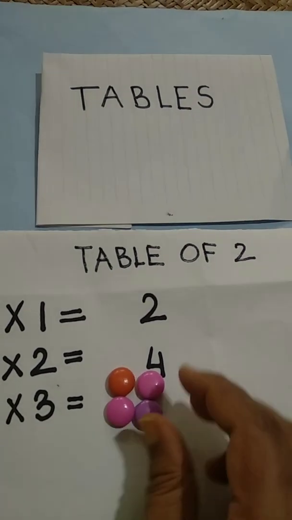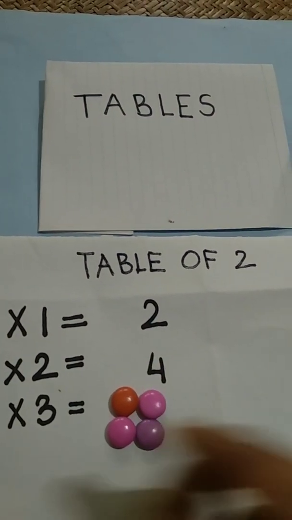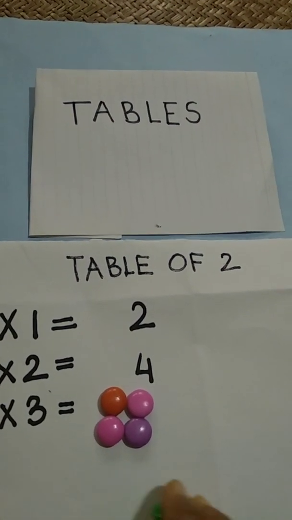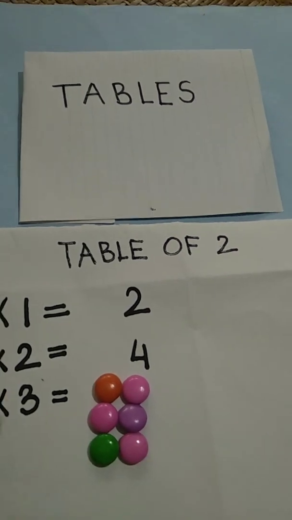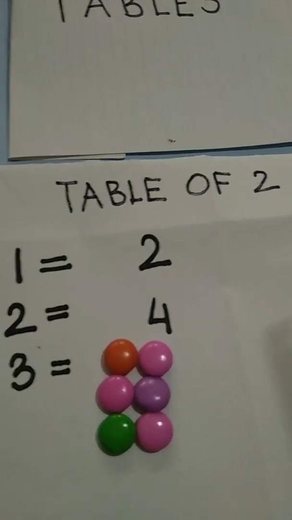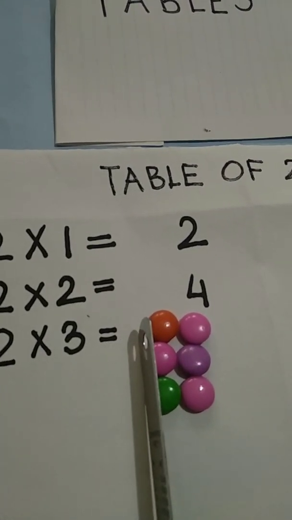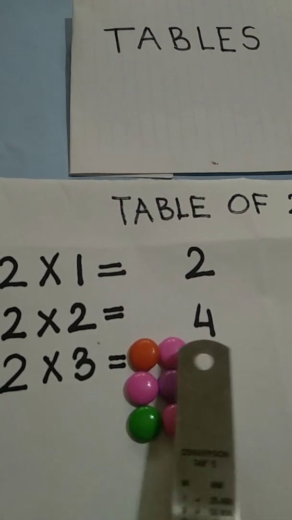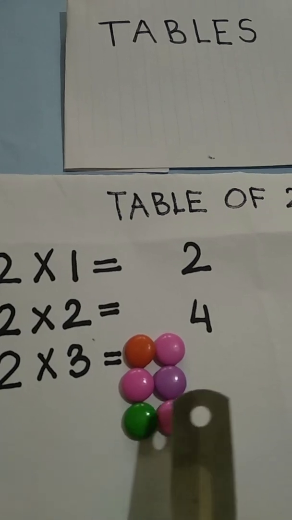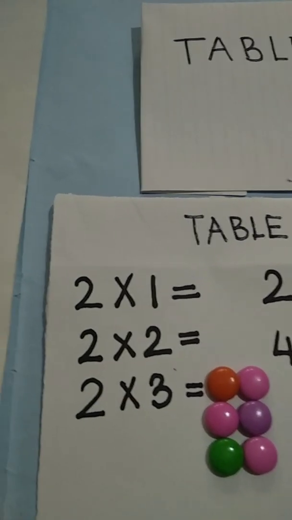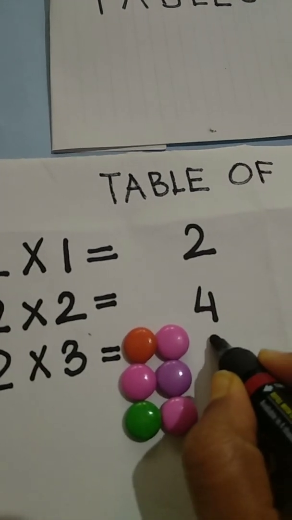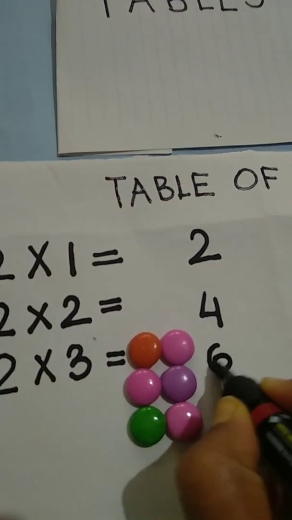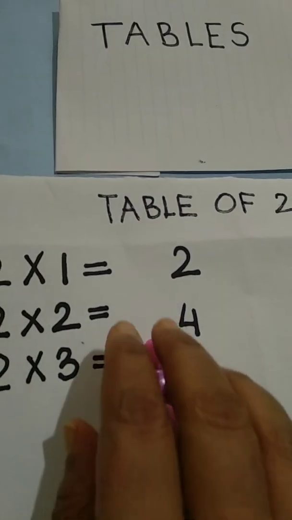Then we put 2 two times. And then we put 2 three times. So here we have put 2 three times. So how much did we get? 1, 2, 3, 4, 5 and 6. So 2 3s are 6. 2 threes are 6.